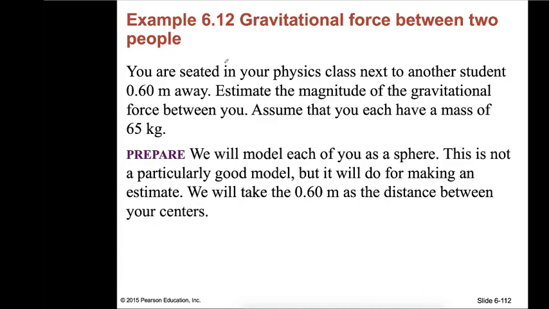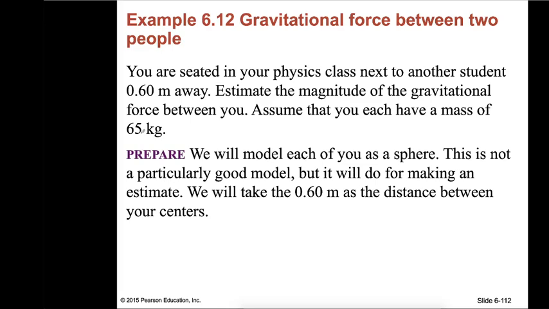Okay, another calculation. You're seated in your physics class next to another student 0.6 meters away. So estimate the magnitude of the gravitational force between you. And the mass of you are 60 kilograms.